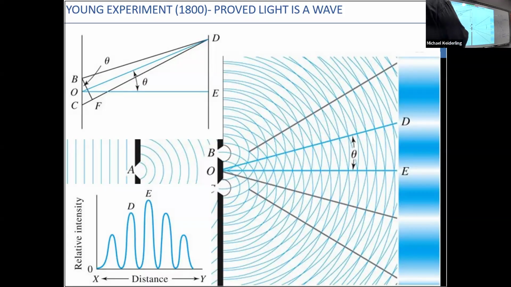The spacing of the slits divided by the sine of the angle equals this. No, it's the spacing between the slits times the sine of the angle would be that distance, that difference. And if that equals a whole number of wavelengths, you get very strong interference, and you get a peak.